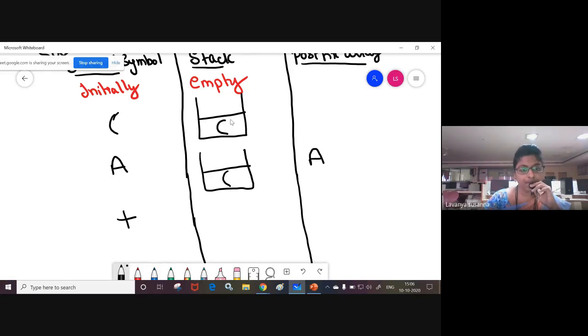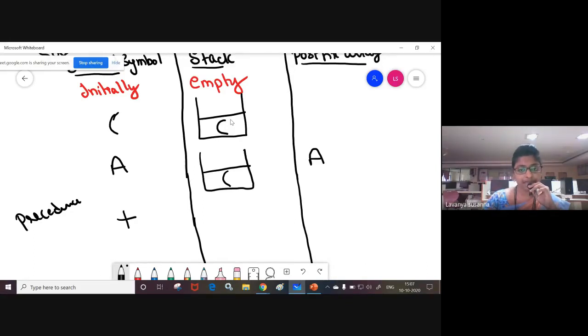You need to compare the precedence of the scanned operator with the precedence of the operator present inside the stack. But inside the stack, what is present?